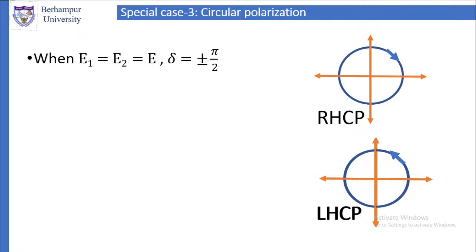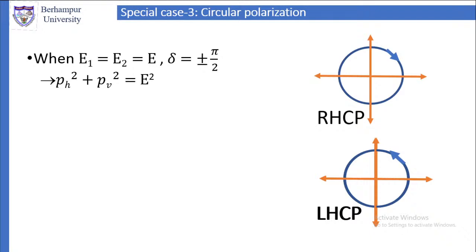If that happens, then the equation becomes PH square by E square plus PV square by E square is equal to 1, from which we will get PH square plus PV square is equal to E square. Now PH square plus PV square is equal to E square is of the form x square plus y square is equal to r square, which is the equation of a circle.